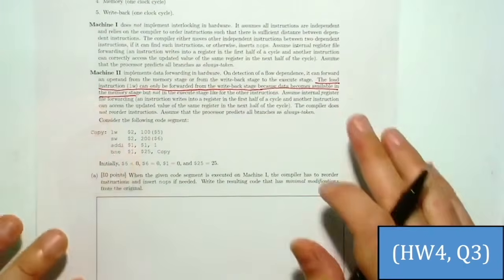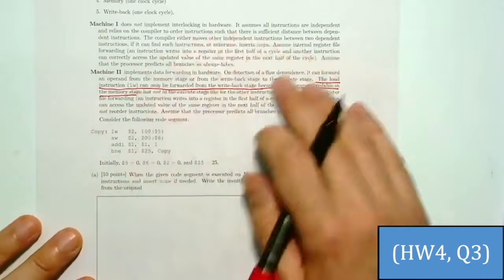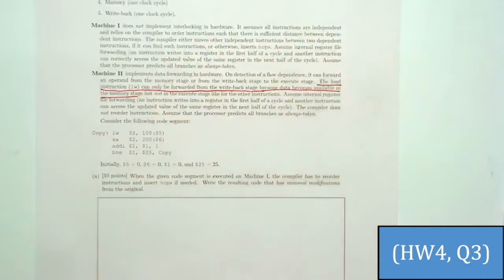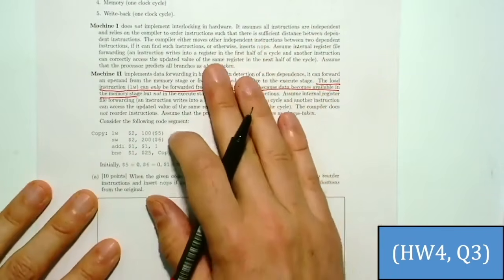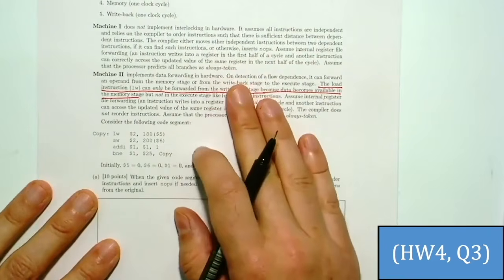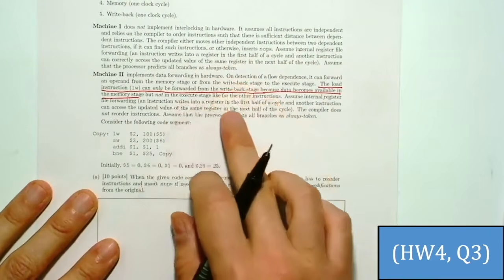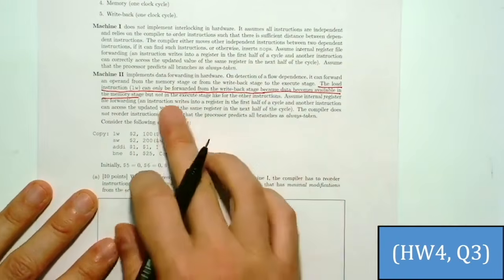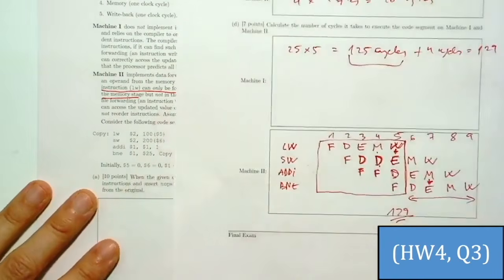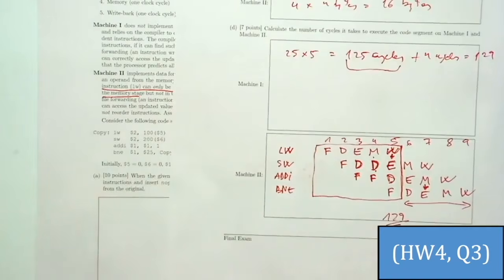So here it doesn't mention anything about how this is implemented, right? So you have to take the information that you have in the question. So what the question says is exactly what we did here, right? So how it is implemented in hardware is another question.